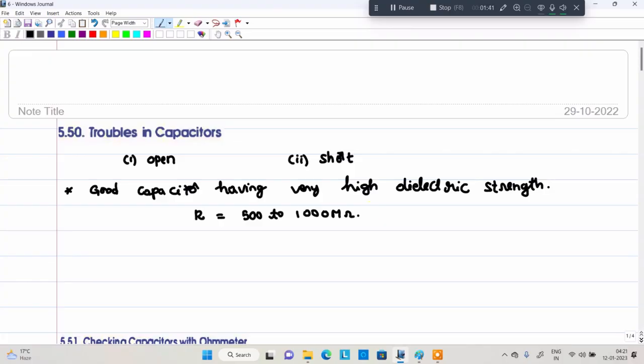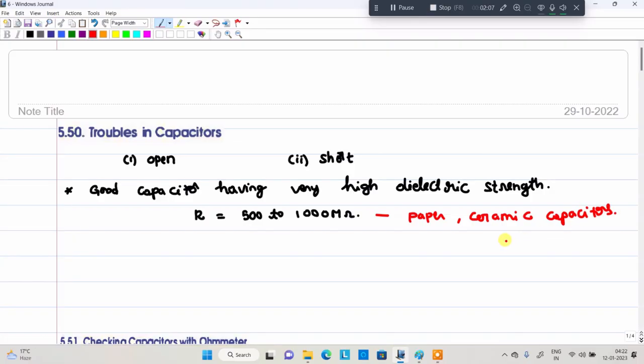For example, we have different types of capacitors. This case of 500 to 1000 mega ohm applies when the dielectric material you are using is paper, maybe ceramic capacitors.